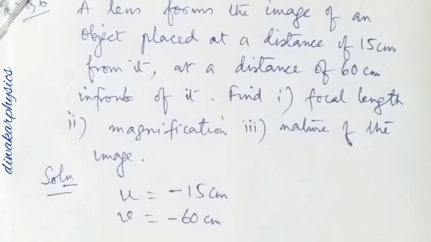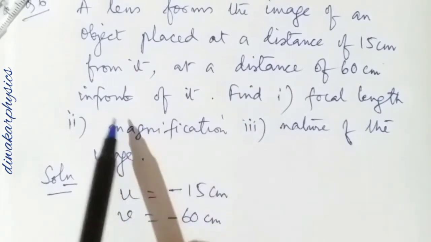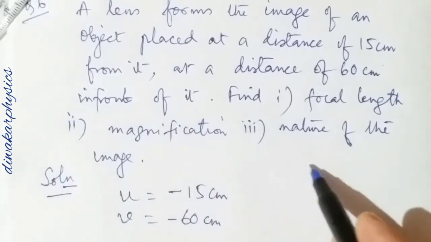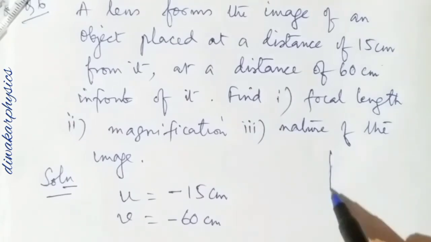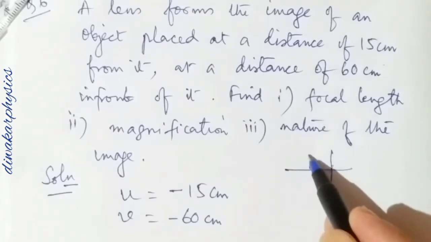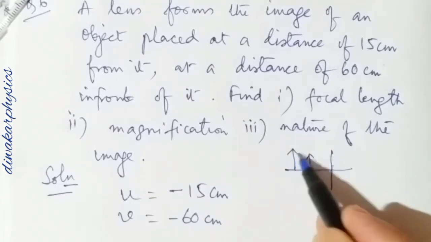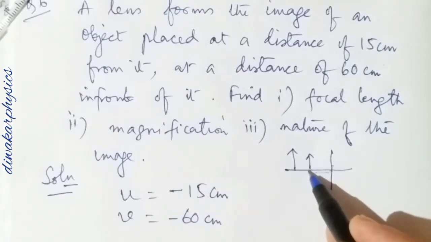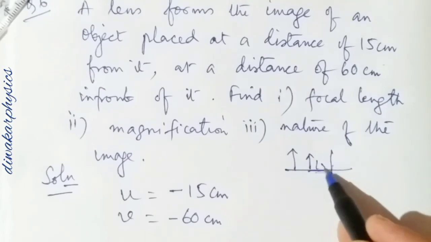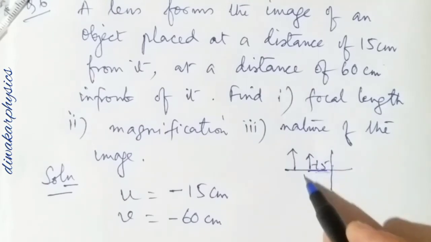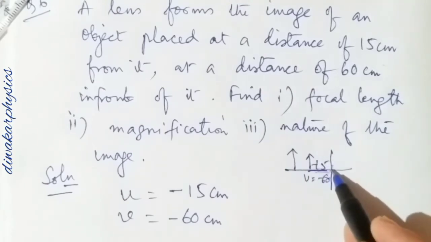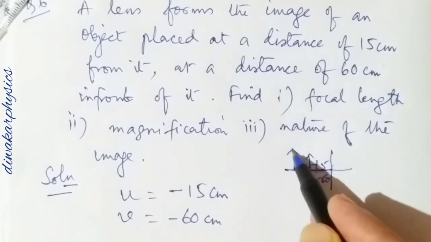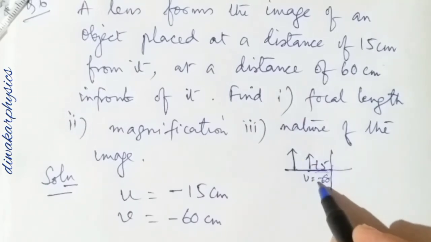Minus 60 centimeter only, because it is in front of it. So if the lens is here, then the object is placed here and the image is also on the same side. So on both sides u is negative. So u is minus 15 and v is minus 60. The image is formed here, but it is minus only.